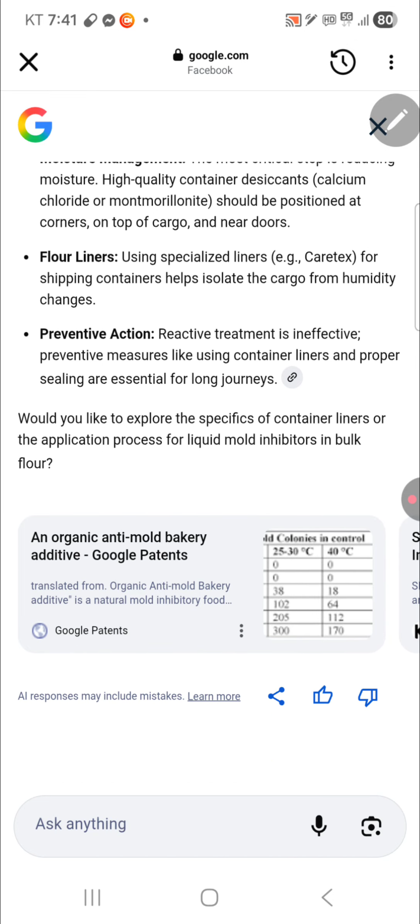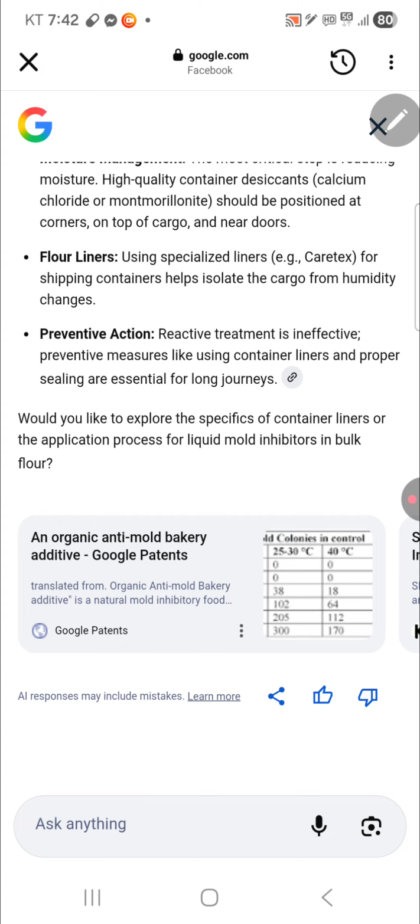Flour liners, so there are special liners for transporting flour. Preventive action. Reactive treatment is ineffective.